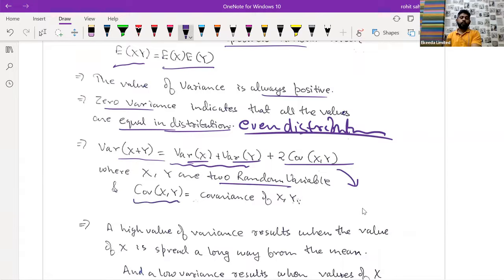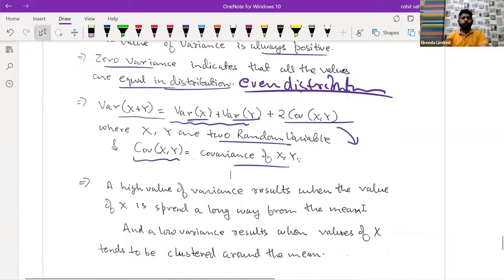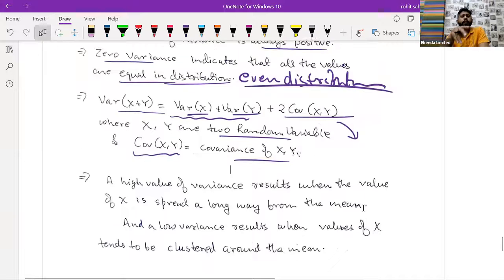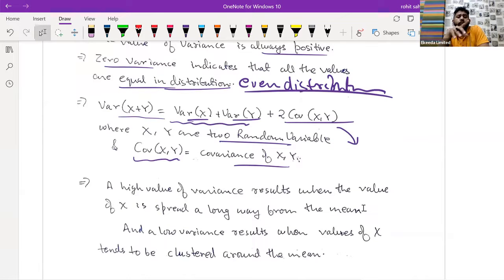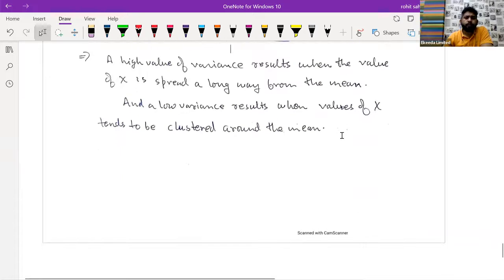So variance of x plus y will be variance of x and variance of y only if they are independent. Otherwise, it has one more factor, which is covariance. Covariance is like the dependency or the relation of variability in each other. And positive, negative covariance देखो अगर आपको जरूरत पड़े.